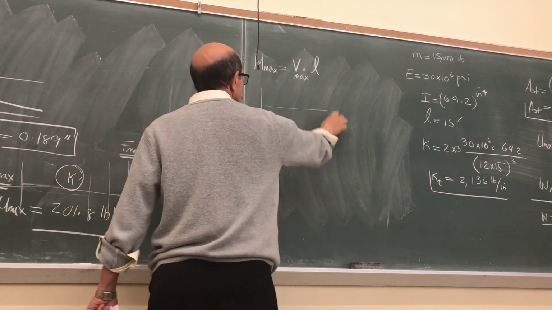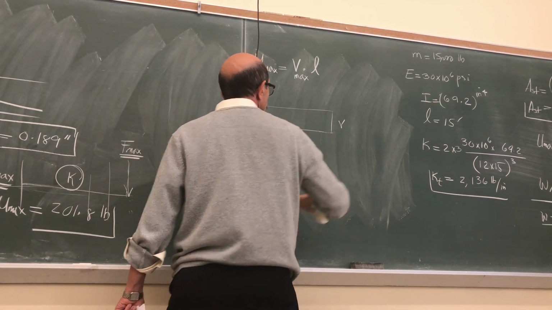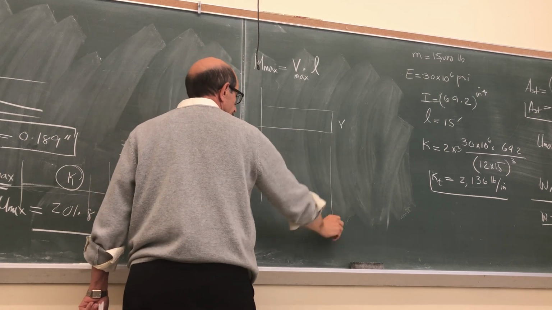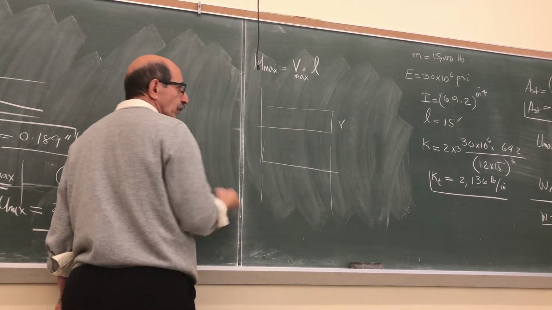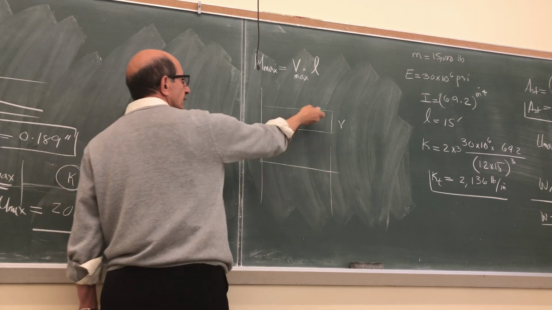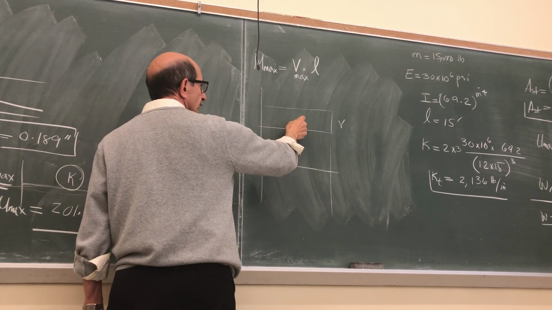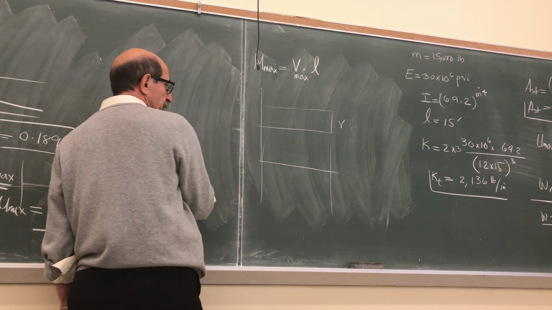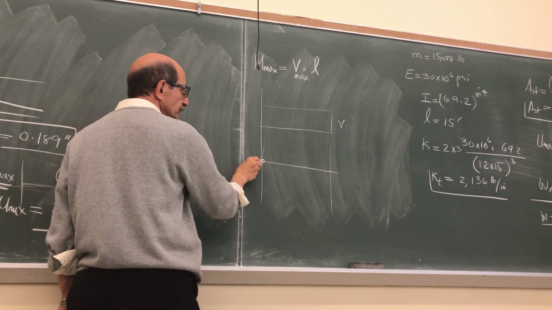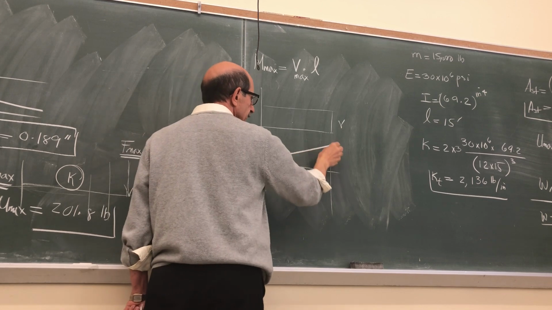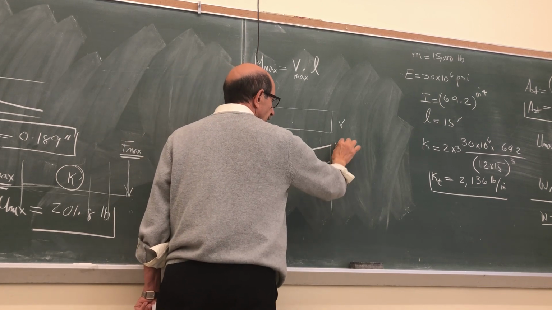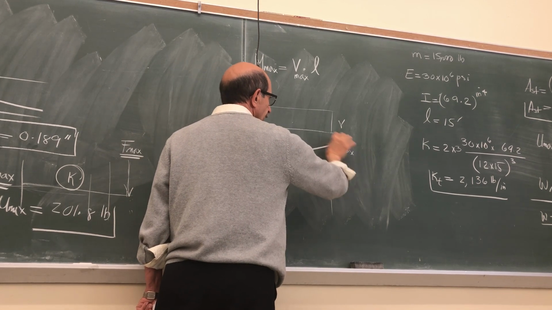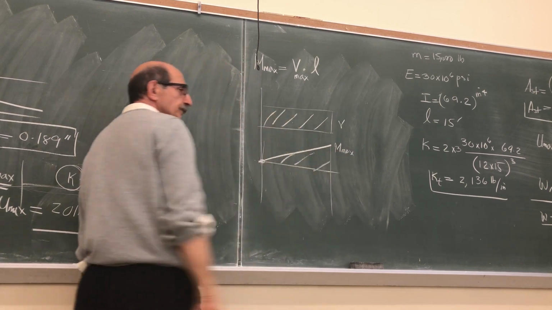Remember from strength of material, this is the shear force. You want to plot the moment diagram. It shows this is the slope of this curve, which is constant. This was pinned at this point, so moment here is 0. So the maximum moment is the total area under this diagram.